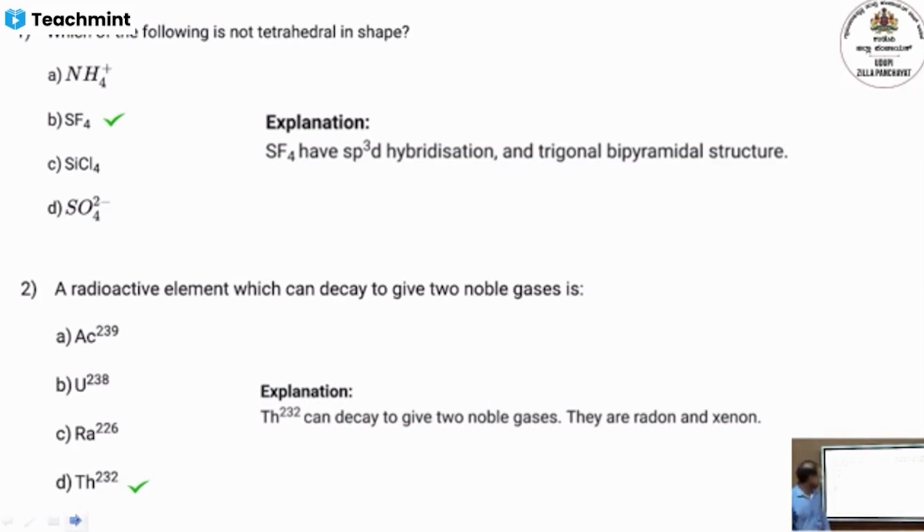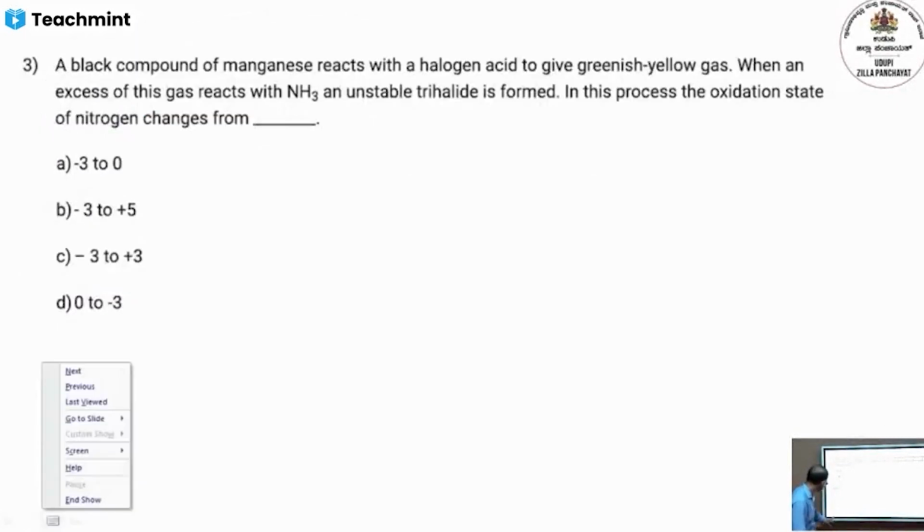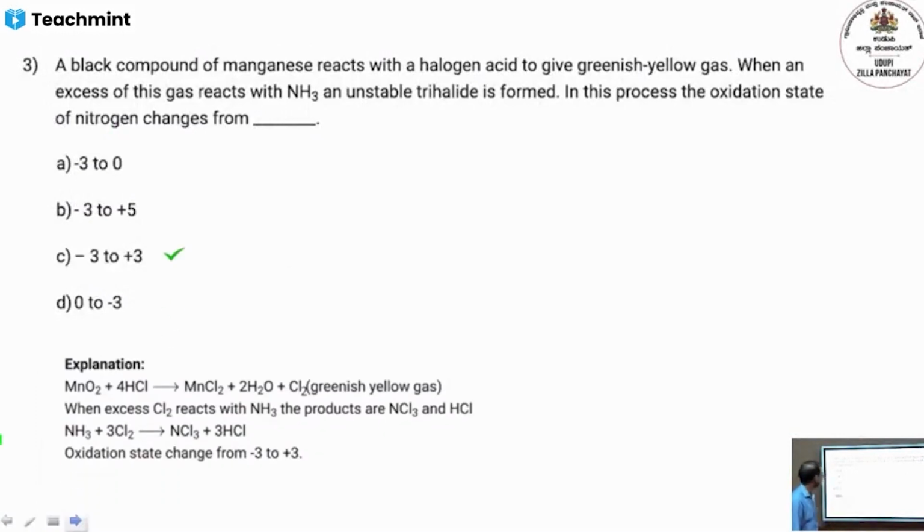And here, that black oxide, if you look into the reaction, is MnO2. When MnO2 reacts with the halogen acid, it gives a greenish yellow gas. The greenish yellow gas from the halogen acid is chlorine gas.